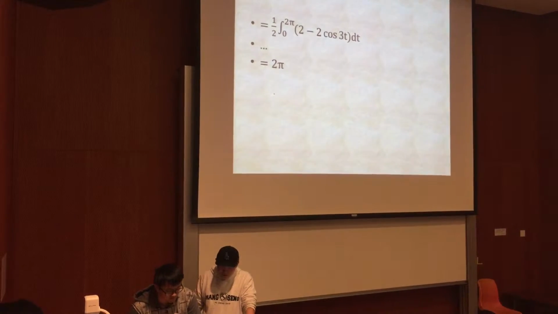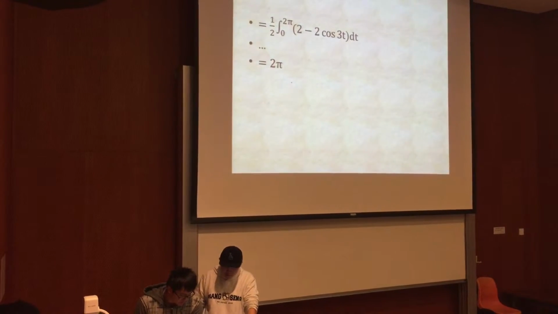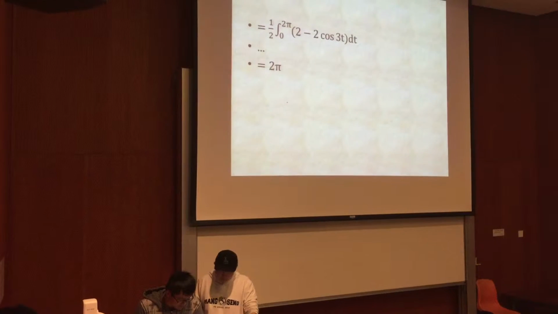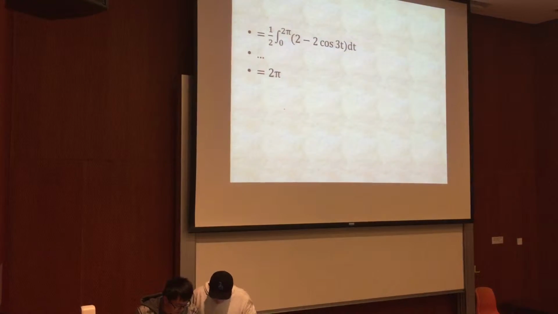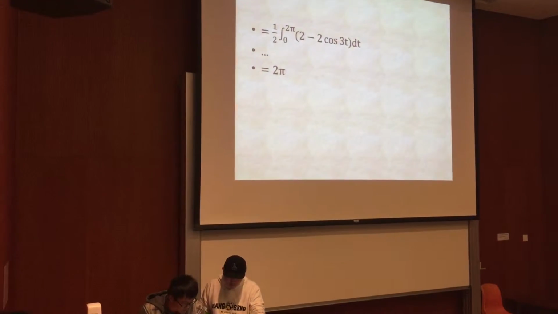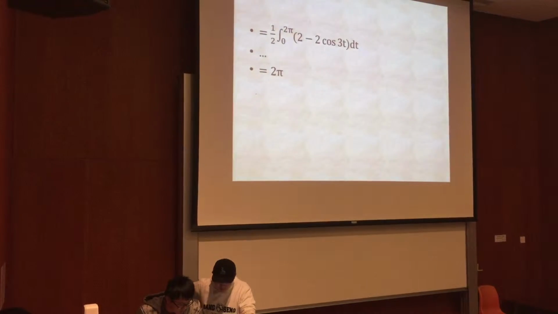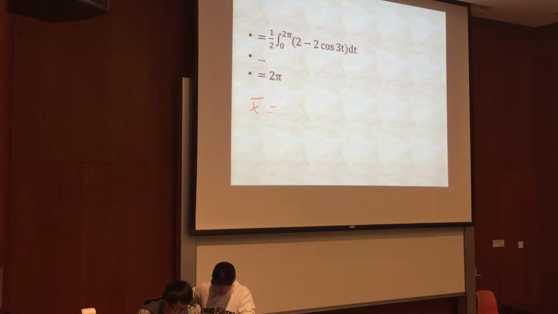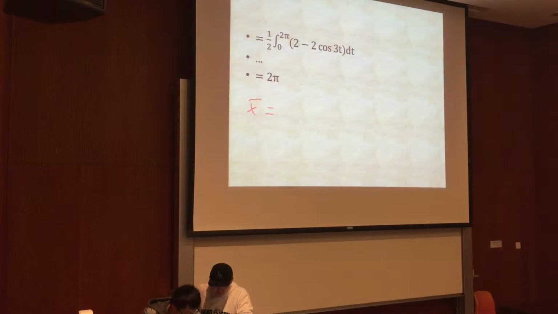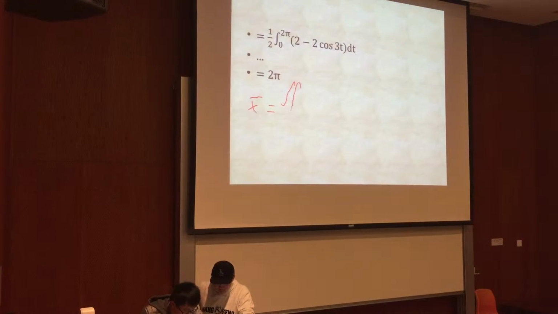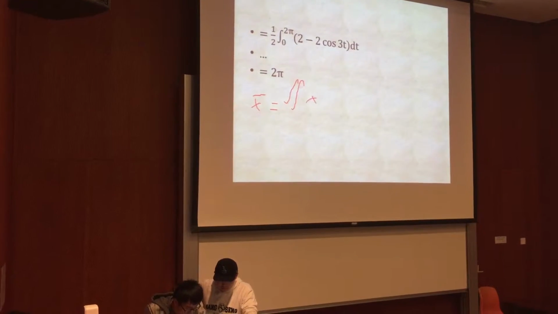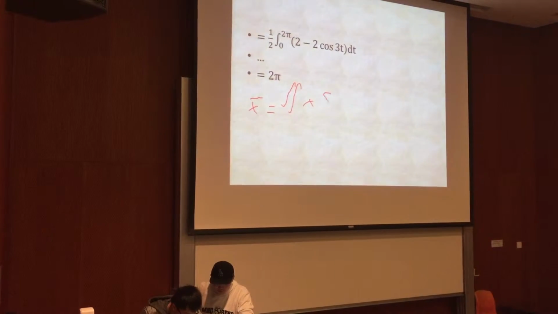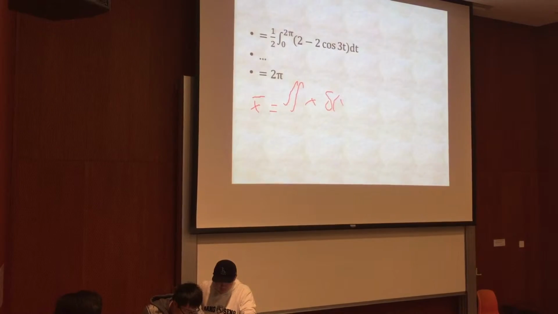Because it's just an area with a slice of area, we just have to find the center of mass on x, which is the double integral of x times the density, and the density depends on x and y.